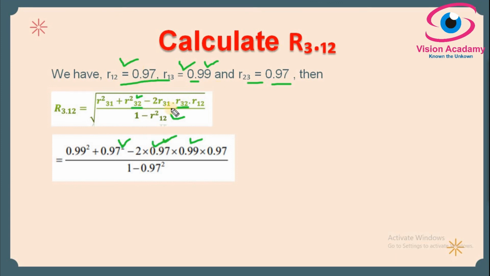So you can use them interchangeably, and in the denominator we have R12, which is 0.97, 0.97 square.